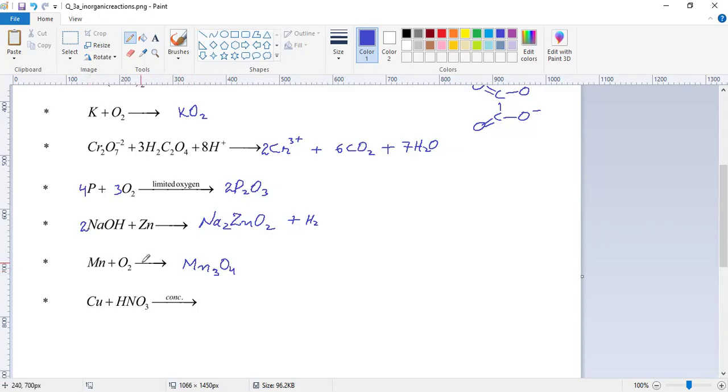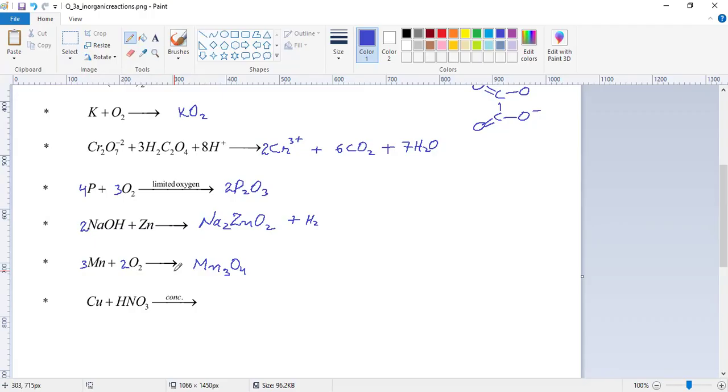So this is the manganese oxide. For balancing the chemical equation, 3 must be there, and 2 moles of oxygen must be there. So 2 should be written here. So this is the equation for the reaction of manganese with oxygen.